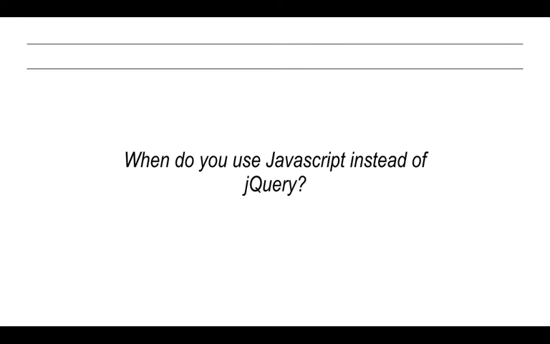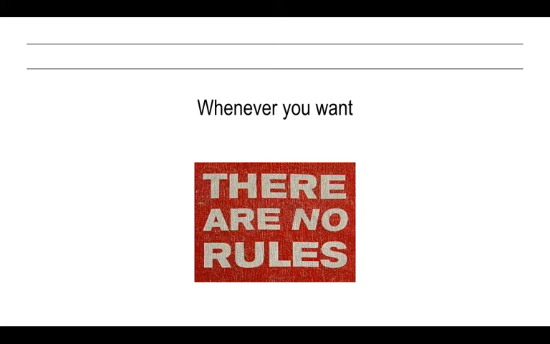Okay, so when do you use JavaScript instead of jQuery? And really, it's whatever you want. So if you are getting some weird error, you'll see what might happen is sometimes in the console you'll see something weird that's like jQuery and then whatever version, and then min.js, and then it'll tell you line 119 or something.